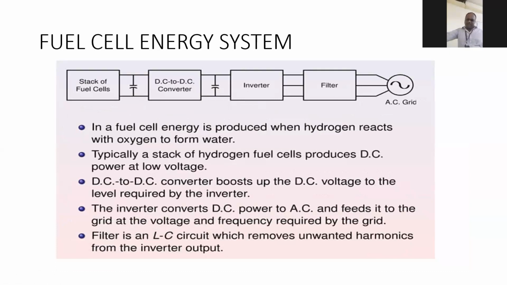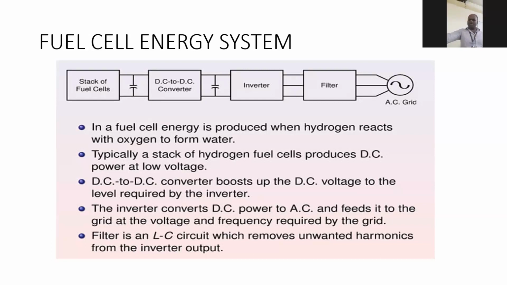Next, we need to understand the fuel cell energy system, which is also capable of handling high power using power electronics, where we use a DC to DC converter. Then we convert from DC to AC using the inverter. The filter is used to stabilize the system.